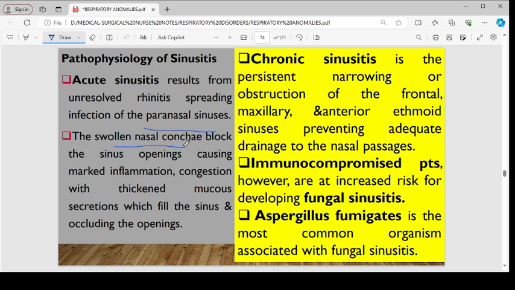As for chronic sinusitis, this is persistent narrowing and obstruction of the frontal, maxillary, anterior ethmoid, and other sinus openings, which prevents adequate drainage of the nasal passages.